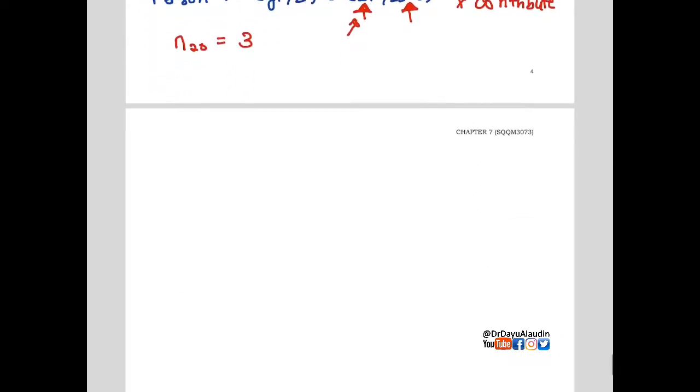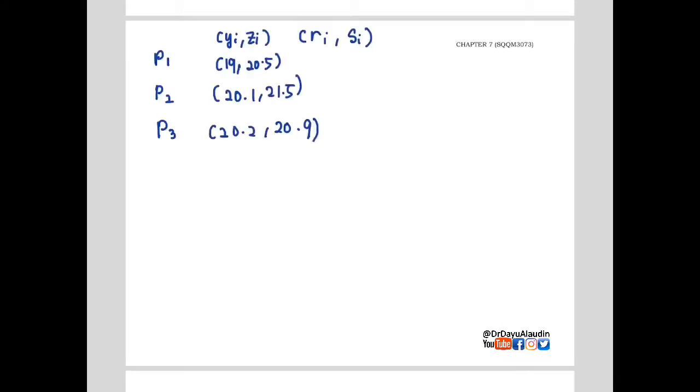First, we have to find the RI and SI. For person 1, 19 is before 20, so RI is 0 and the exit age is 20.5, so SI is 0.5. For person 2, 21.5 is more than 20 plus 1, so we put 1 as SI.